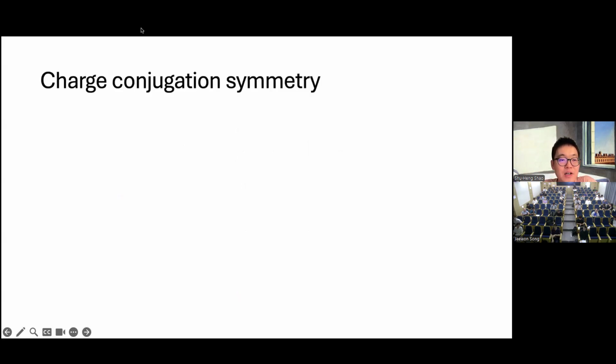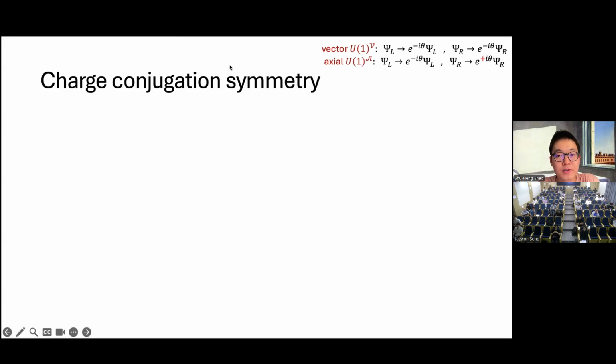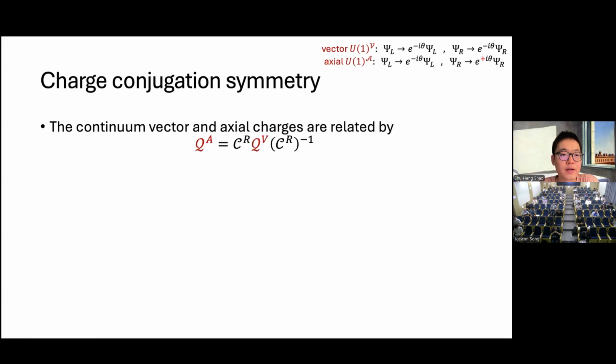Okay, let me proceed. All right, so now let's go to the technical details. Again, the goal is to realize this axial U(1) symmetry on the lattice. So how do we achieve that? Now let's go back to the continuum for a minute, and I'm going to note a very elementary fact.